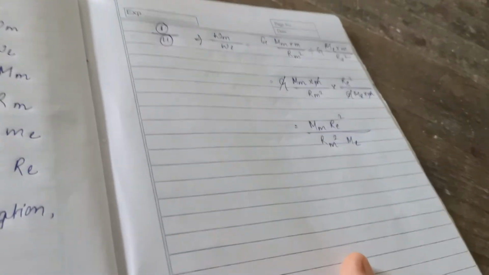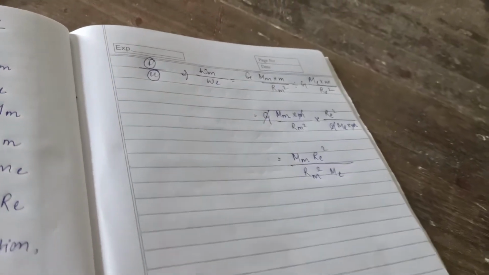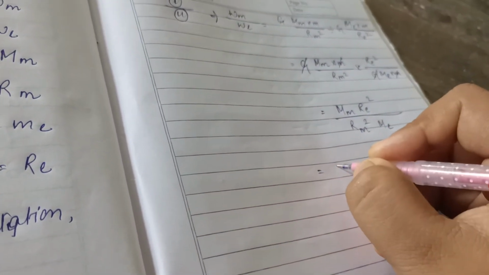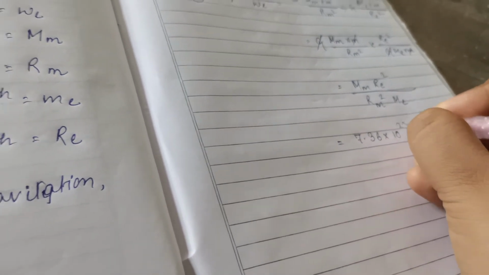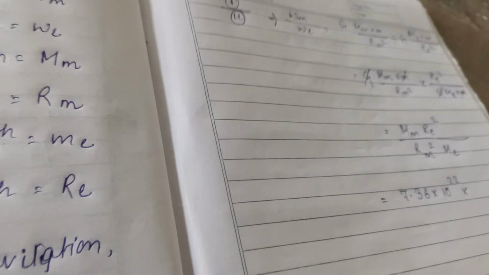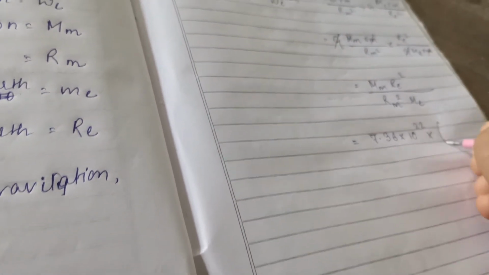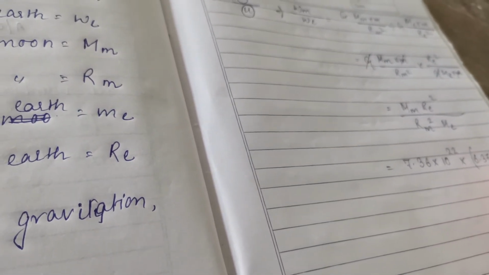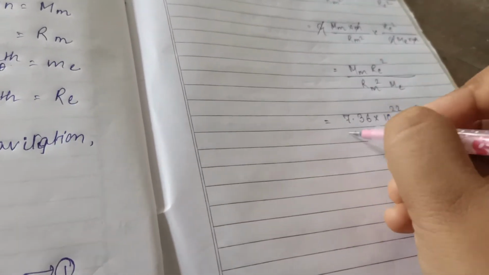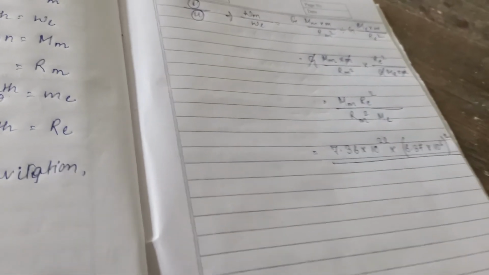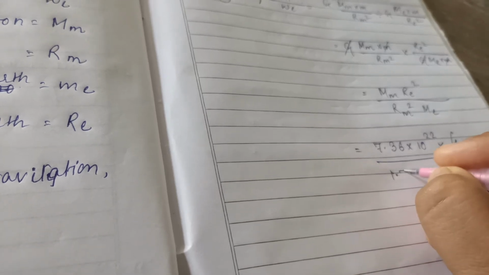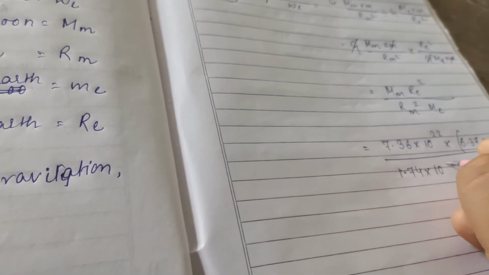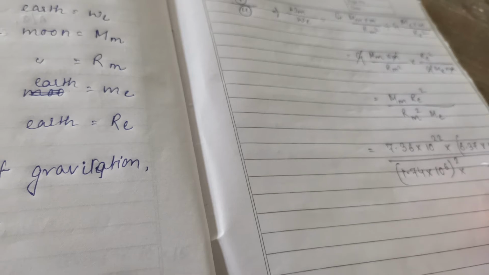So as we know, the mass of the moon is 7.36 into 10 to the power 22, and the radius of the earth is 6.37 into 10 to the power 6, whole square. These values you have to remember. Radius of the moon is 1.74 into 10 to the power 6, whole square.